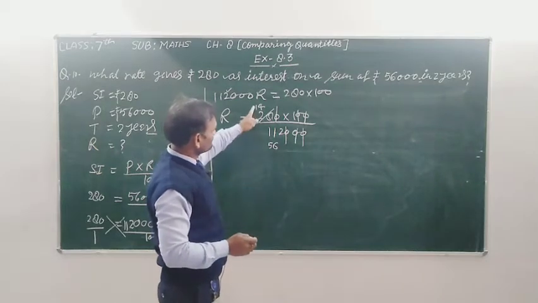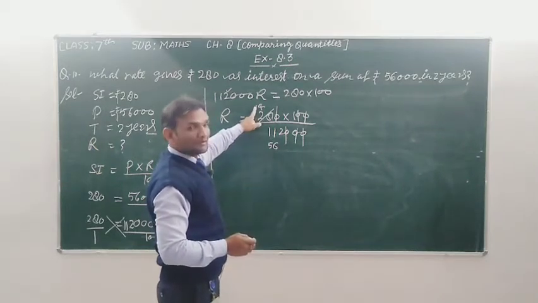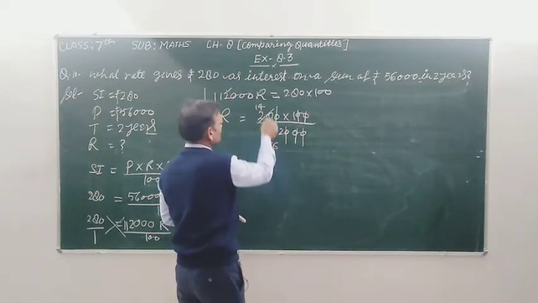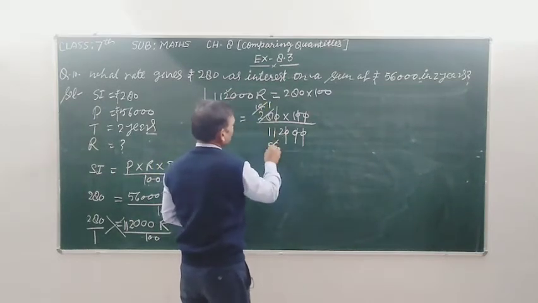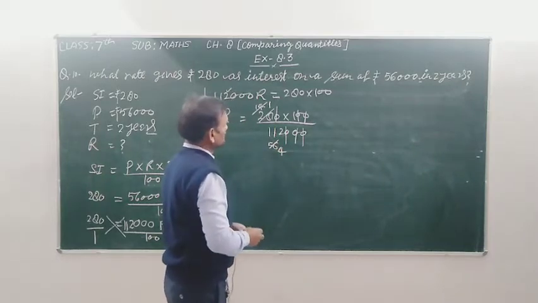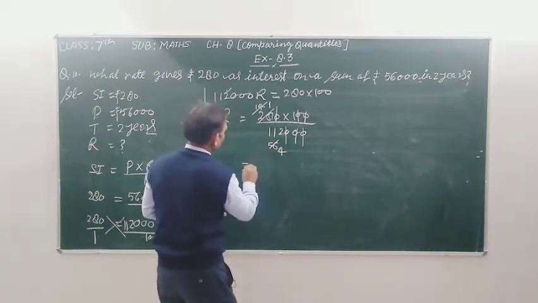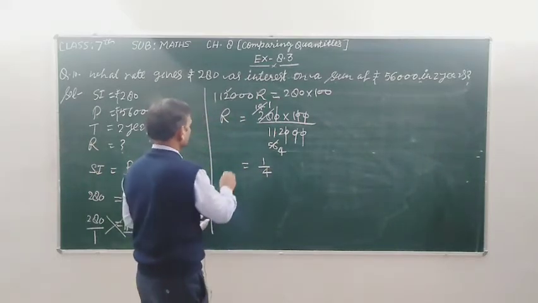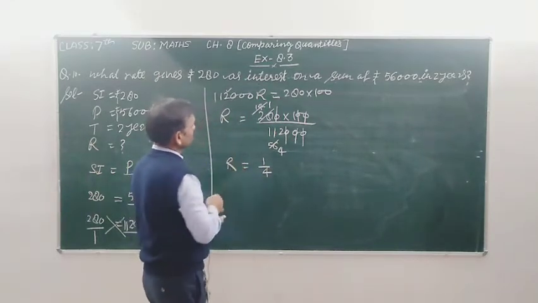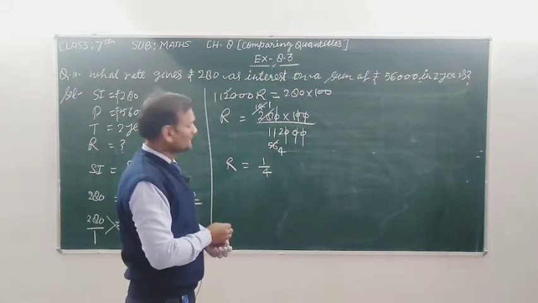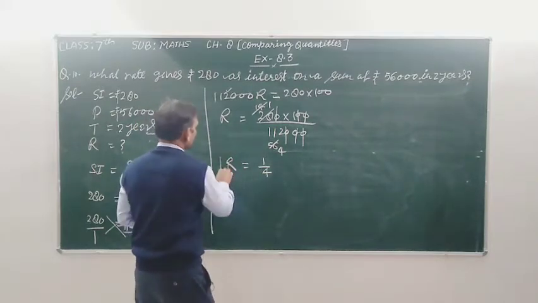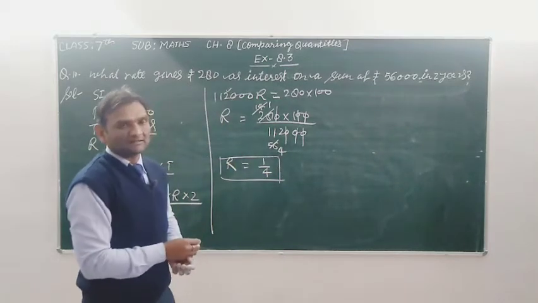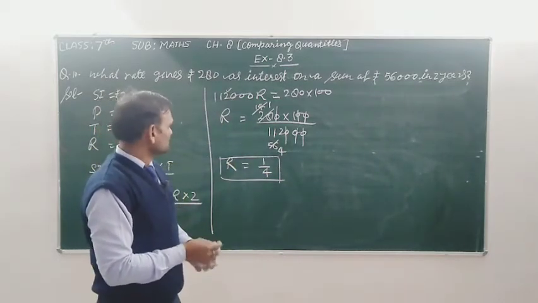After this, 14 by 14, both numbers are divisible. 14 ones are 14, 14 fours are 56, that is 1 upon 4. 1 upon 4 is R. This is R. 1 upon 4%.